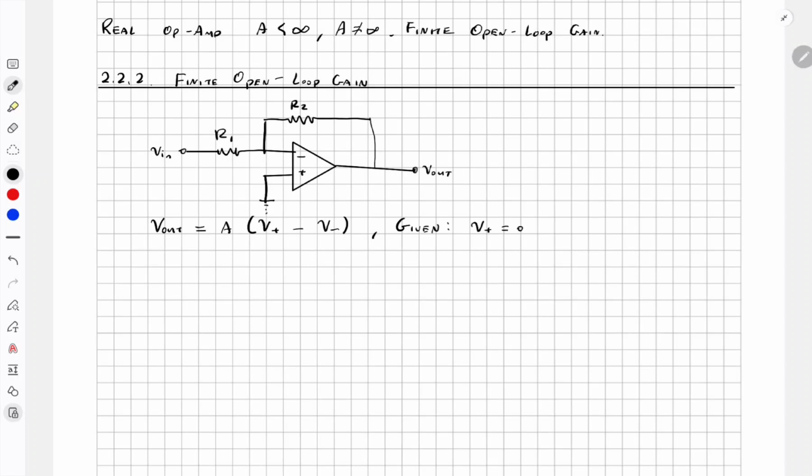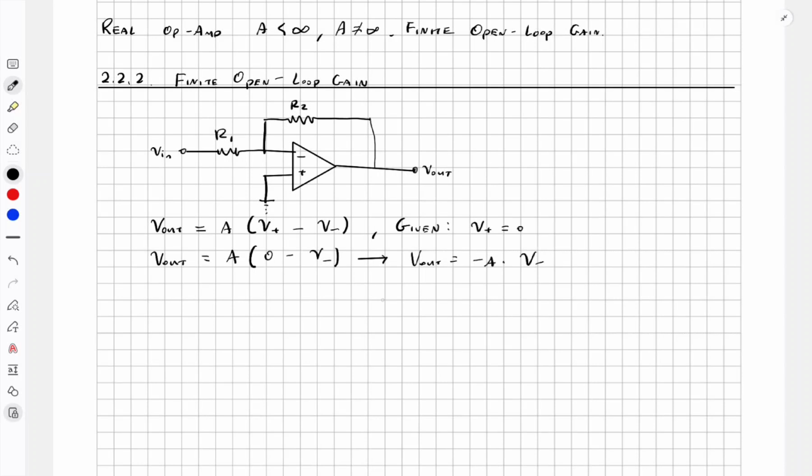So now we're just going to plug in V plus equals 0, where A is now a finite number. So V out is equal to negative A times V minus.